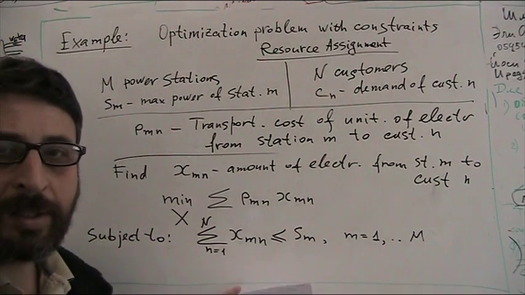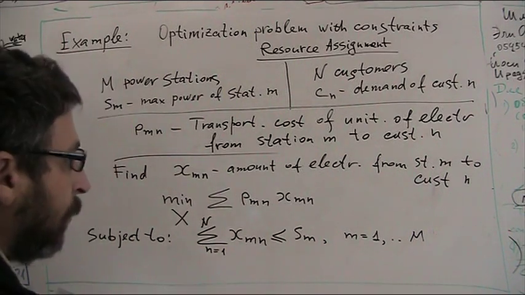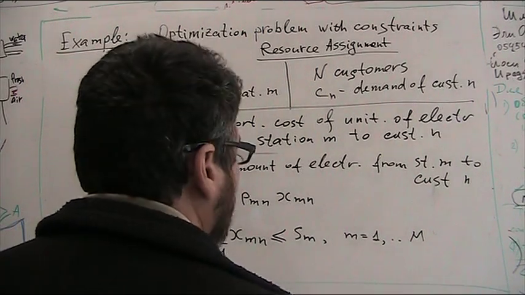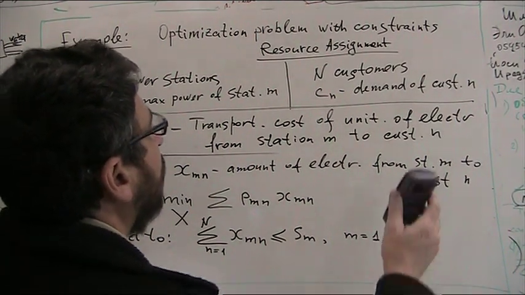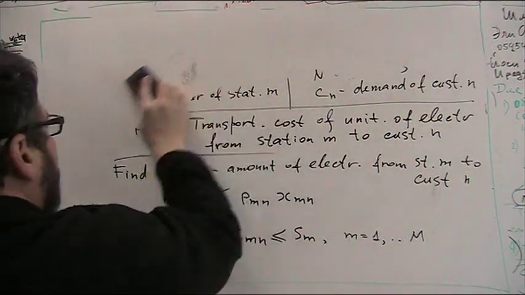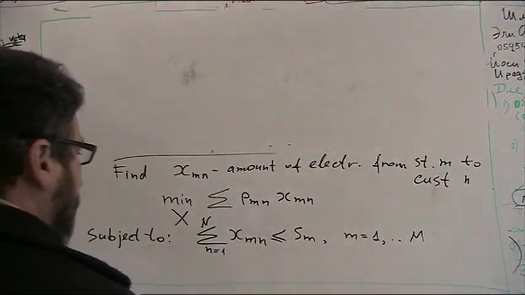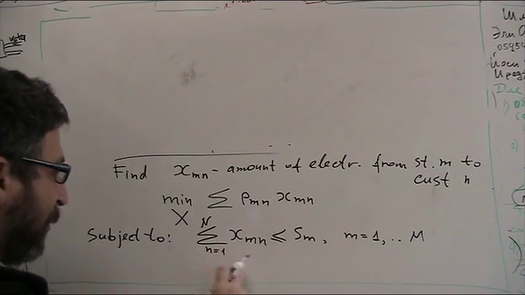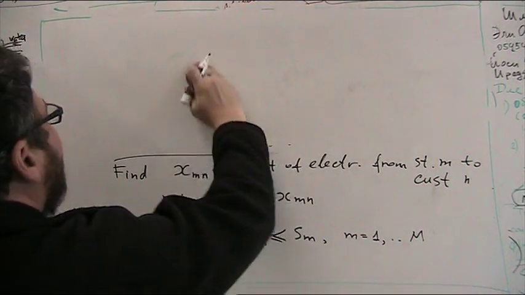Another constraint. I should be sure that I have space on the blackboard. Okay, let's try to manage. Maybe I will remove here. So, another constraint, I continue.